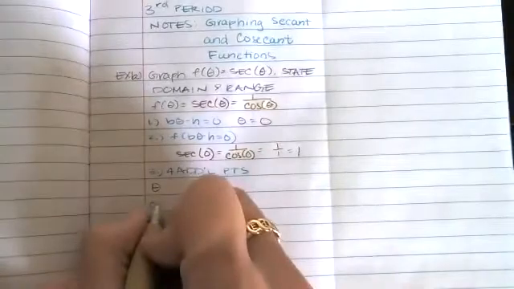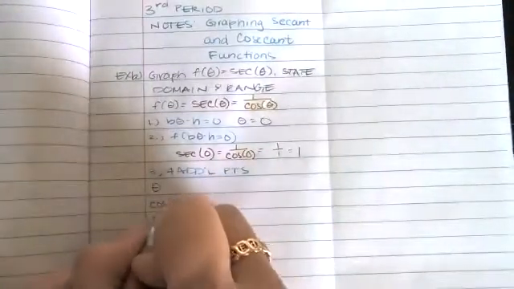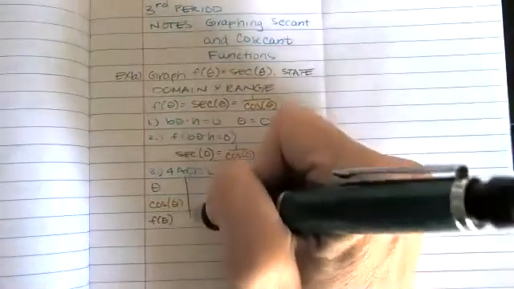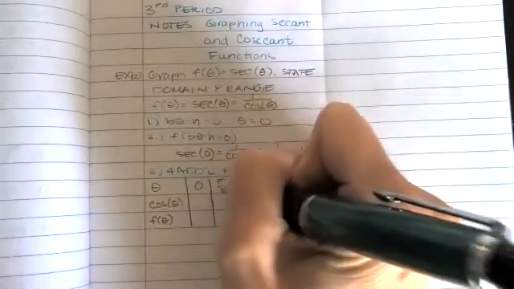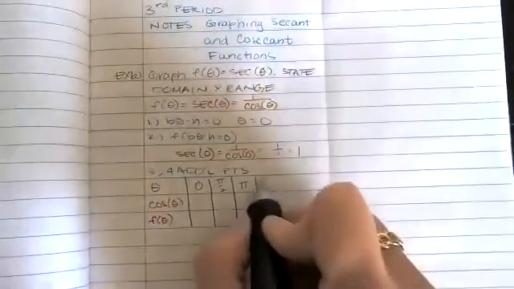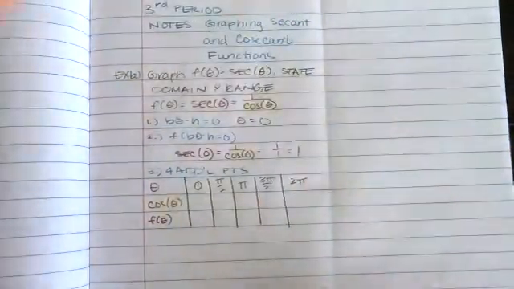Then we'll have the cosine of theta, and then the last thing will be the function itself, just so we can see how these things relate. 0, pi over 2, pi, 3 pi over 2, and then 2 pi. These are our usual quadrantal angles for graphing sine and cosine.